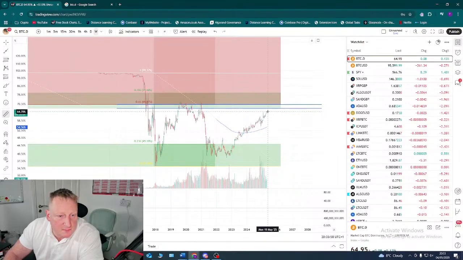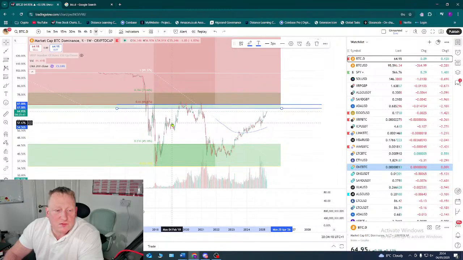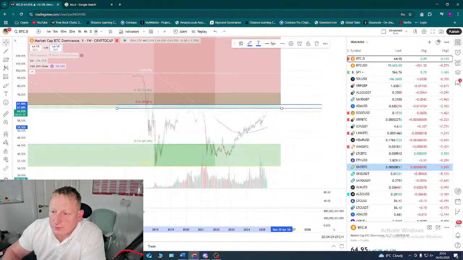And if we look at that as a measured move from a percentage point of view, I'd say that we need to go up by another 4 to 8% before we see the altcoins roll over. And then we'll probably end up landing on the 50 moving average again, kind of around this previous area. So I think altcoins have got a lot to go through to try and make it.